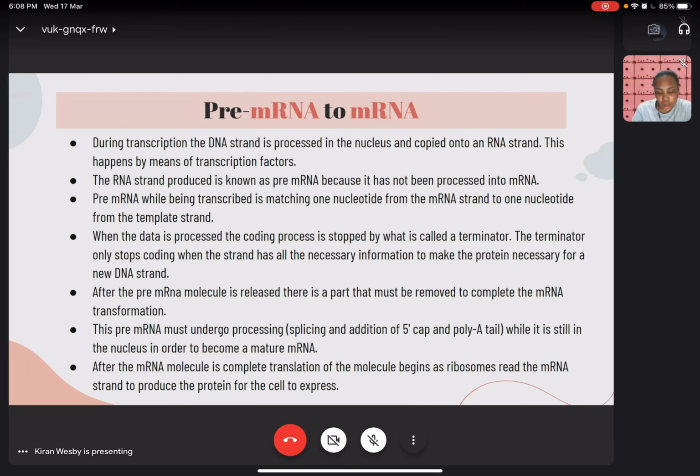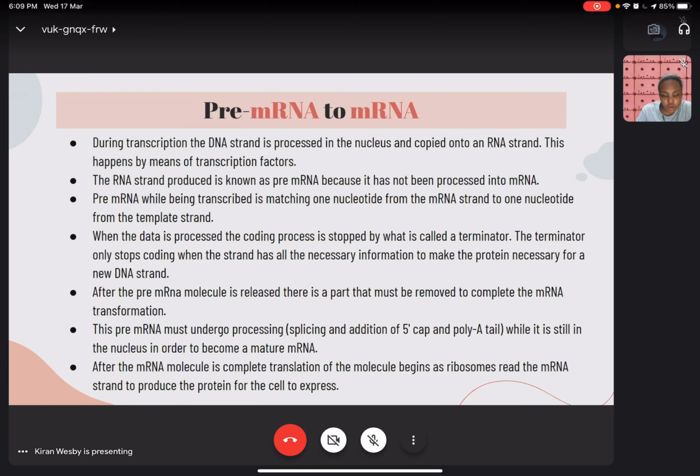For you to stop your processing, it has to have a terminator. The terminator is, as the name says, in charge of ending all the coding when it has all the proteins necessary to make the molecule needed.